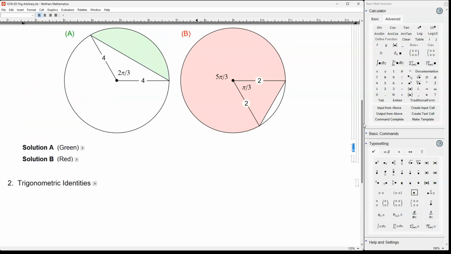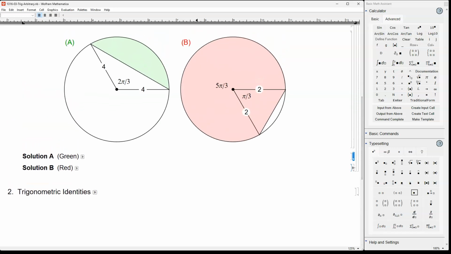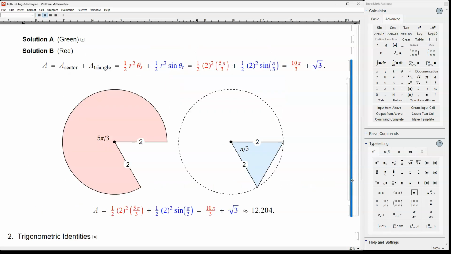And the second problem, let's see, we get this kind of strategy. Get this sector plus that triangle. This one highlighted in red, this highlighted in blue, and then add them up. So 1/2 r squared theta, and that theta for the sector is 5 pi over 3. So we have 1/2 2 squared 5 pi over 3. That's the red Pac-Man.